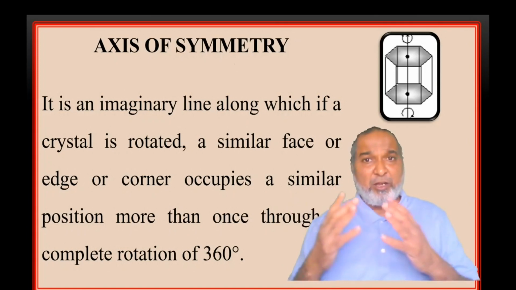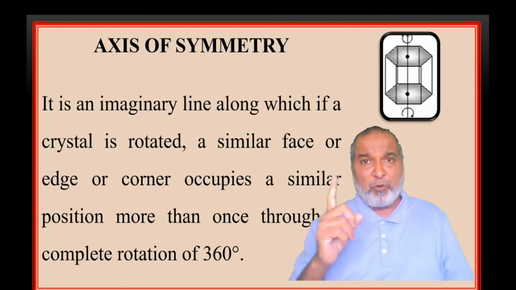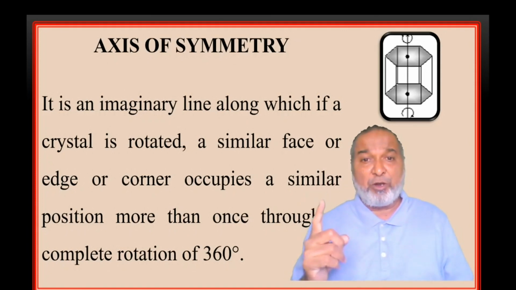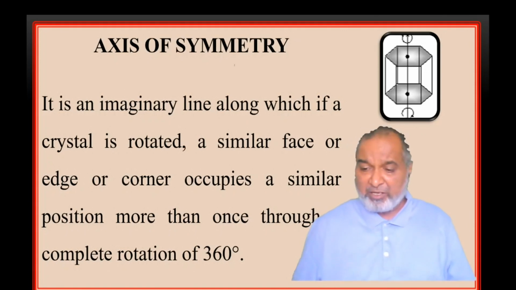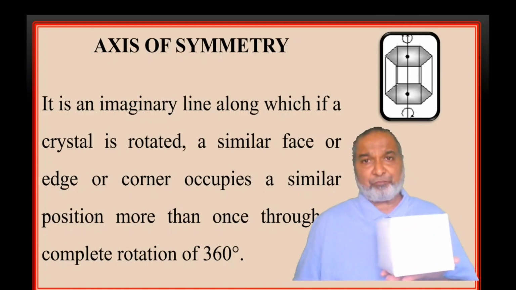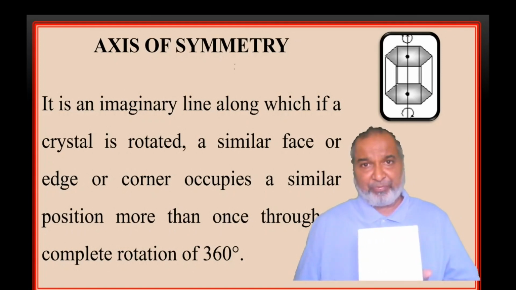Then this particular axis will be called one of twofold, one of threefold, one of fourfold, or one of sixfold.